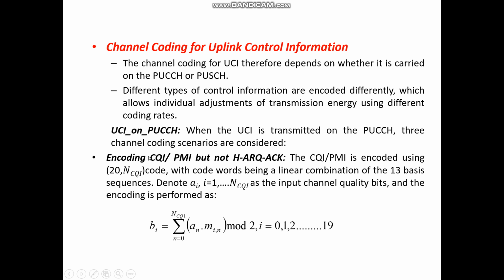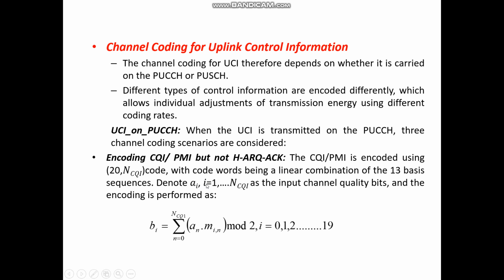We are sending either this one or this one through encoding, and the encoding is done using a (20, N_CQI) code, where N_CQI is the number of bits in the particular CQI, with code words being a linear combination of the 13 basis sequences. This you can see in the next table.